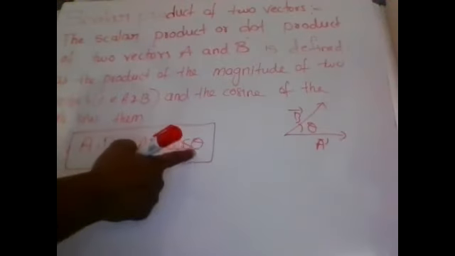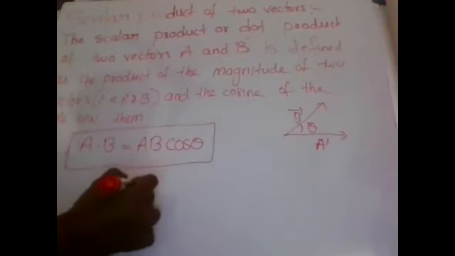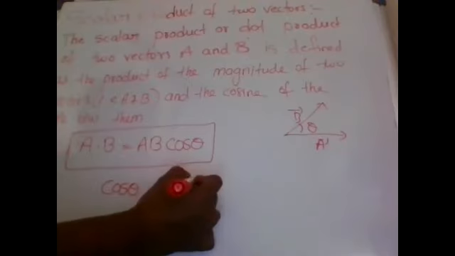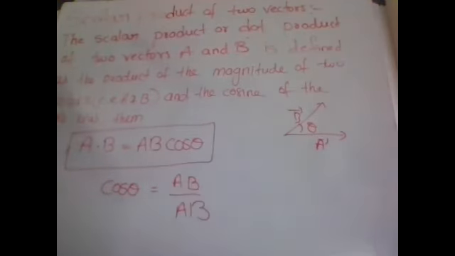Here theta is the angle between the two vectors. Cosine means cos theta. So the dot product A dot B equals AB cos theta. From this equation, cos theta equals A dot B by AB.